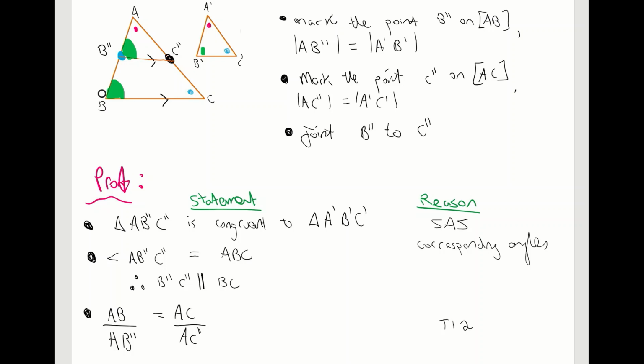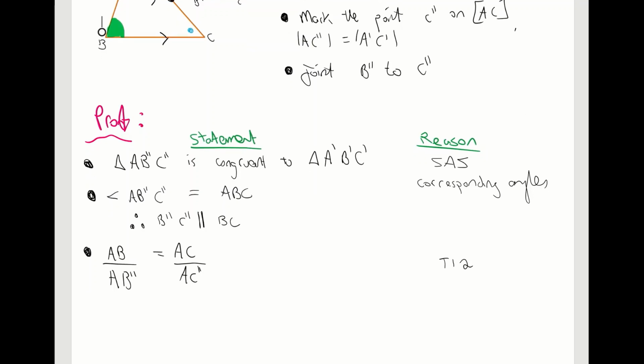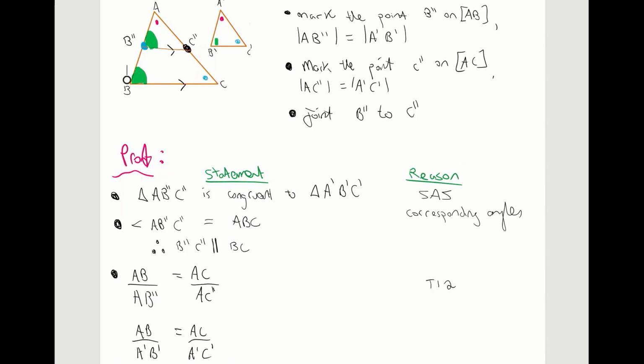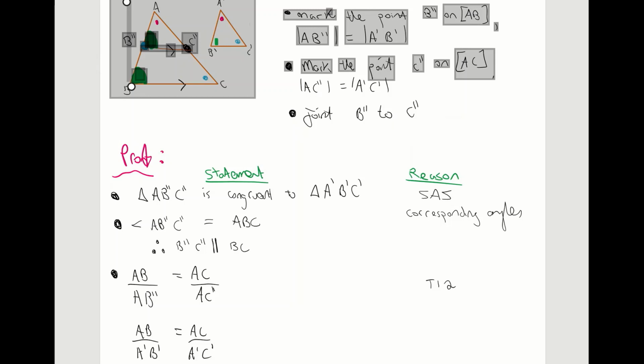And from there then, we can extend that even further. We can now say that the side AB over A dash B dash is equal to AC over A dash C dash. We're just basically extending that knowledge from just up above. So again, I'm just going to zoom out a little bit so we can get our picture. If you look up at our picture, what I mean by that is that the side AB is corresponding to AC. So you can see here that they're the two longer sides on the triangles.